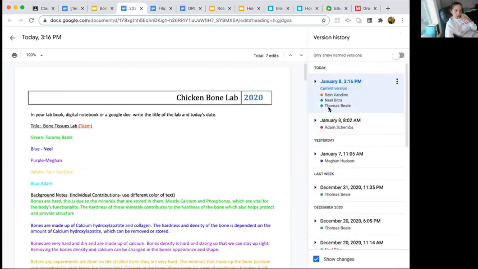And today I see Thomas, Neil, Rain, and I know, wasn't Megan the one doing the lab? Yes, she is. So the only people I'm missing are Rain and Adam. Oh no, Adam's there, but that's at 8 this morning. Okay, so make sure you also are on there right now with your teammates. And Rain's on now. Okay, good. I see you.